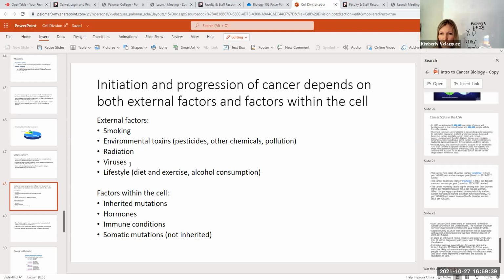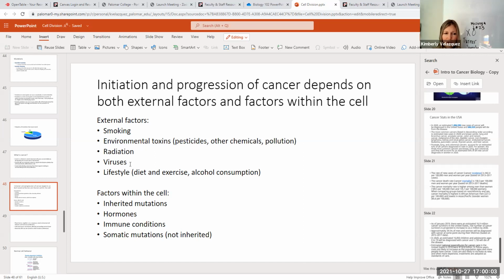And we're learning more and more about how our lifestyle affects our cancer risk. But you can inherit mutations in your DNA. You could also inherit hormone disorders that can result in cancer, immune conditions that can make you more prone to cancer if your immune system isn't doing its job in taking out those defective cells.